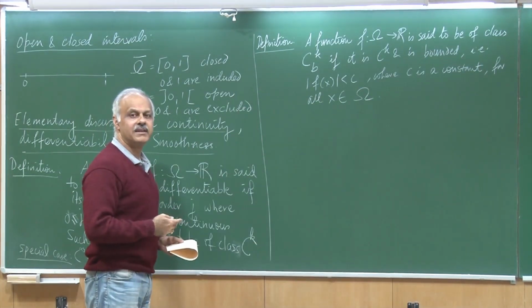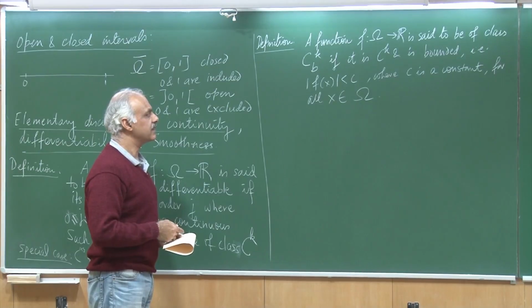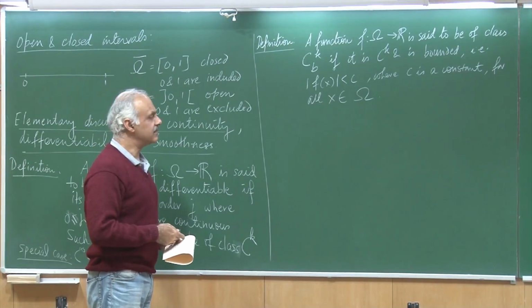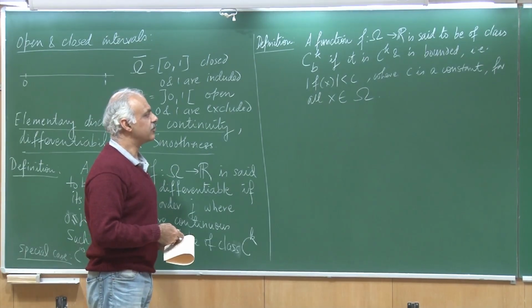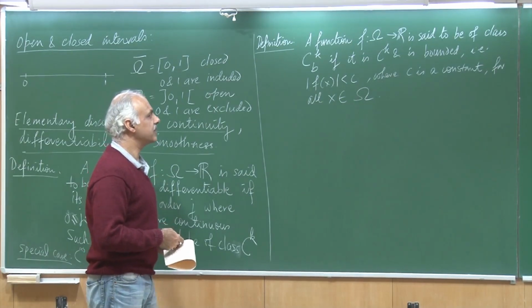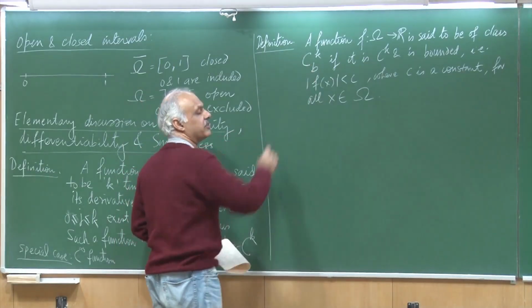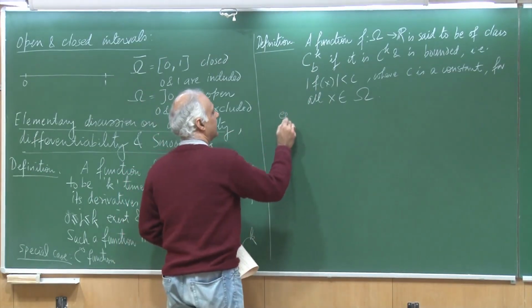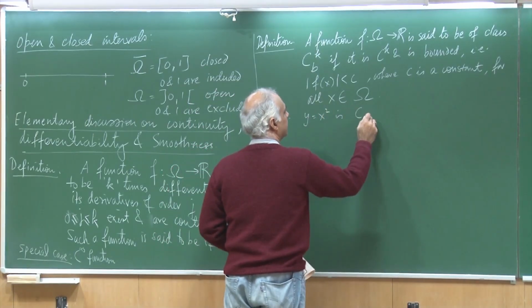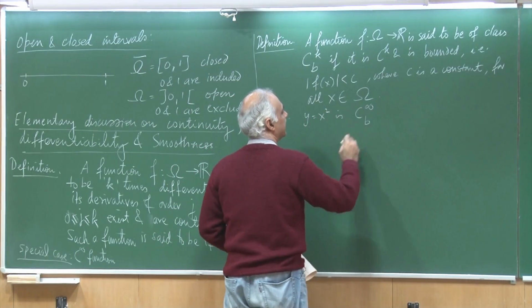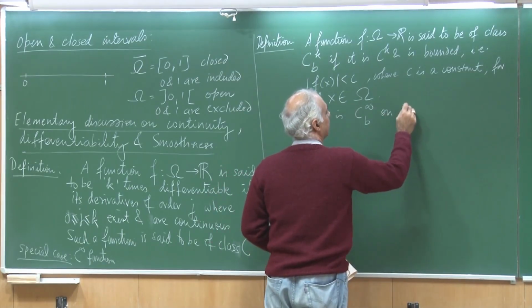So clearly the example that I gave you, y equal to x square, is not only C infinite, but it is also a bounded function, and therefore it would be of the class CB infinite. So example, y equal to x square is CB infinite on 0 to 1.